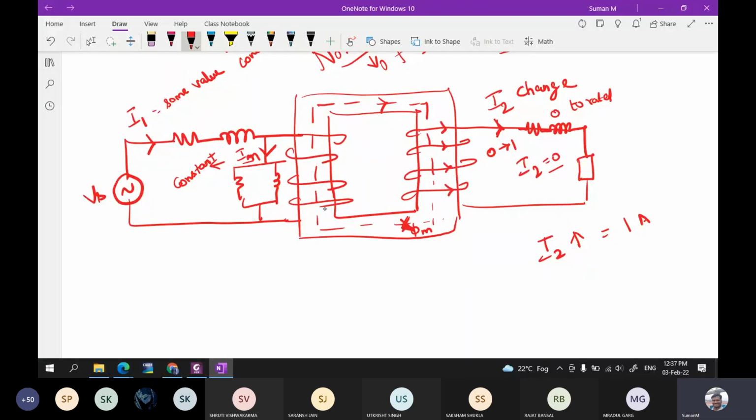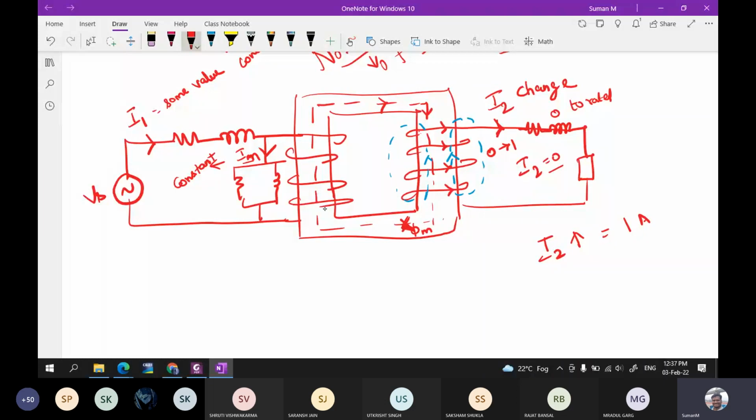Already we have discussed that the current will establish some flux. I'm just drawing the leakage flux, but this current will also establish some flux. That flux will be opposite to the mutual flux.